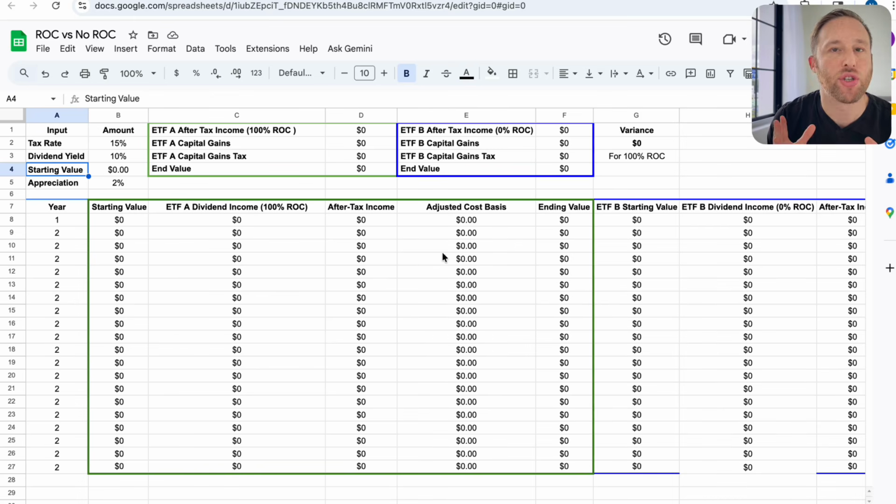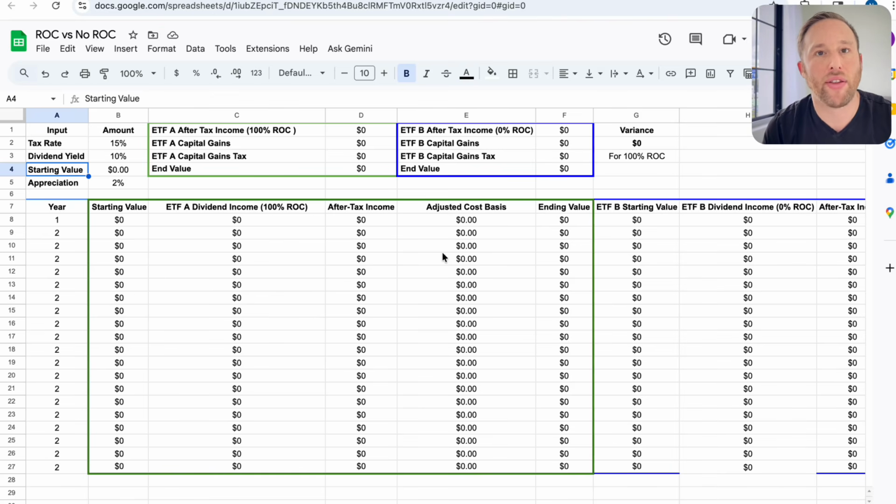And guys, I want to first explain what return of capital is. Effectively, it is a tax deferral. When you receive these dividends, they reduce your cost basis. The cost basis is effectively how much you've invested, your initial investment amount.